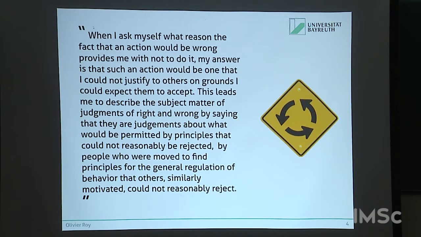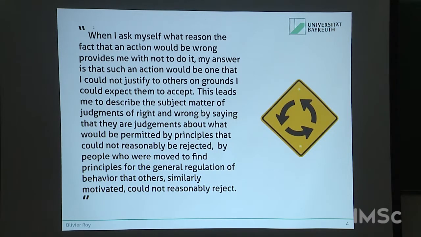Let's read this again. Let's start in the middle. When is something permitted? Which actions are permitted? These are those that people who look for principles for the regulation of behavior, who look for rules of conduct, could not reject.